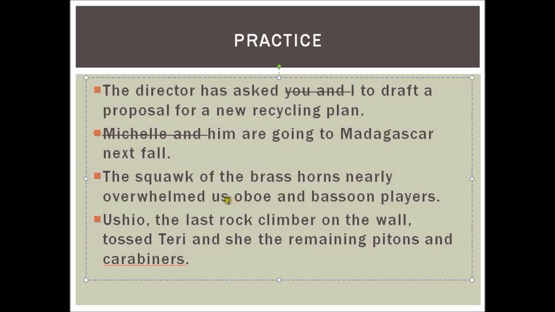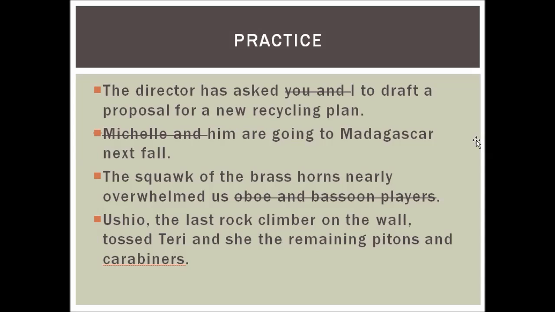The same thing happens when you put an extra noun phrase next to the pronoun, like us, oboe, and bassoon players. If you just cross out the descriptive phrase here, then you can hear if it's correct. The squawk of the brass horns nearly overwhelmed us. Yep, sounds good. So that one is correct.